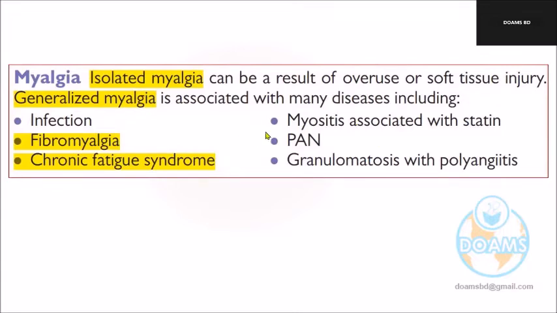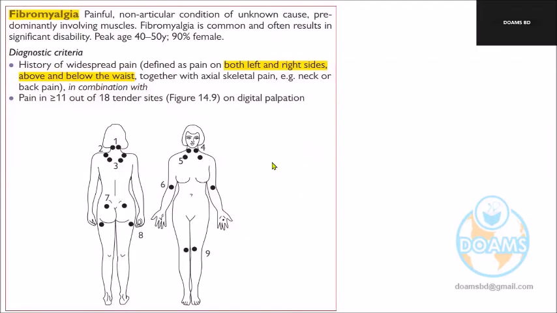And one thing is not mentioned here, it is hypothyroidism, remember. Hypothyroidism also can cause generalized myalgia. Another one is polymyalgia rheumatica. But for the GP, what we highlighted here is fibromyalgia and the chronic fatigue syndrome. Okay.